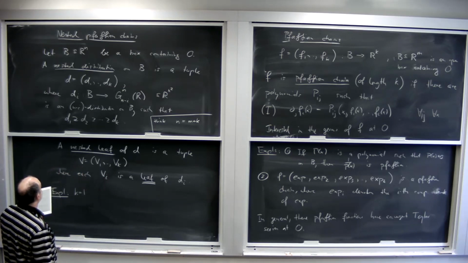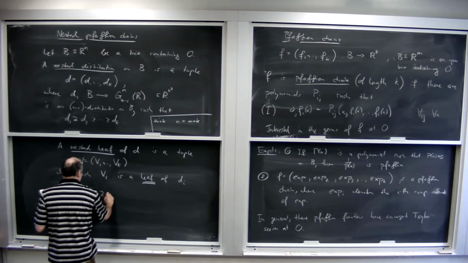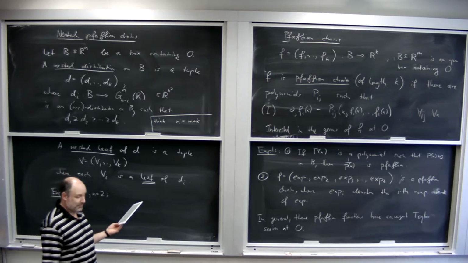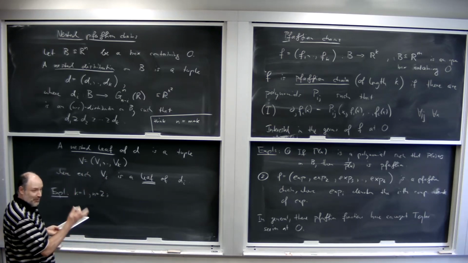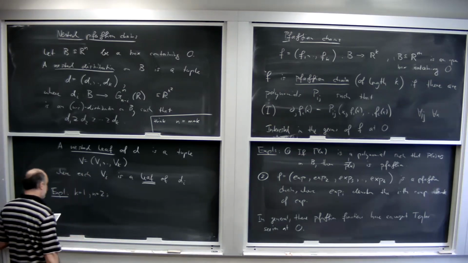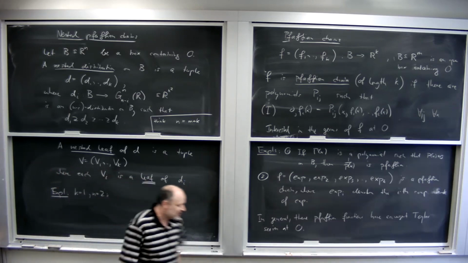How about n equal to 2? So we're just talking about the plane, and we have one distribution of codimension 1 subspaces, in other words, lines. At every point there's a line. So we have a line field. Right? So then D1 is a line field.